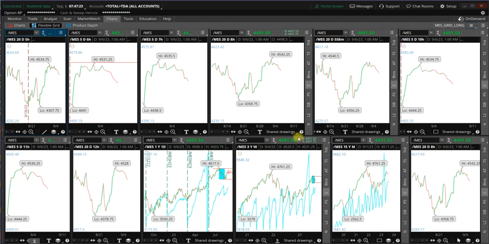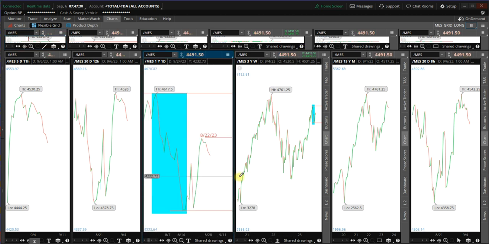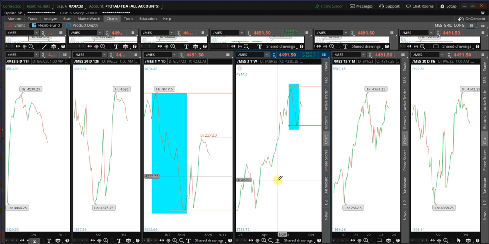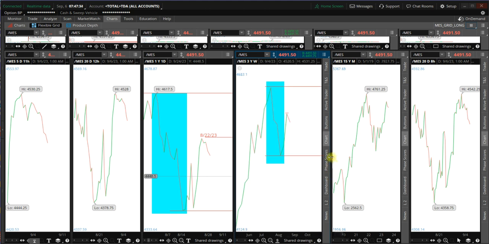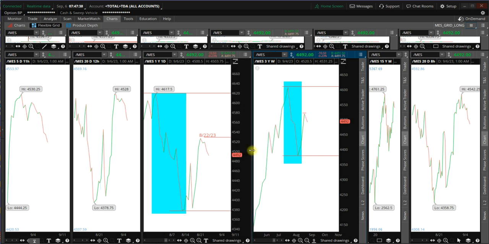Again, it's based on the daily and weekly fractals. Okay, so that may be the trade of the year.